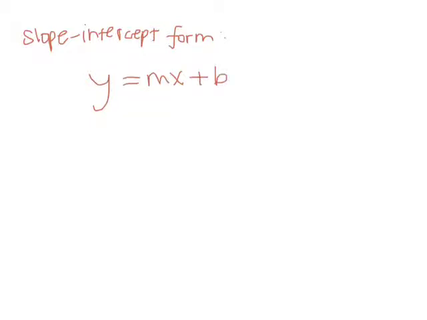So in this formula, we have two values that will be substituted with something else. That first value is the m right here. And when we went over our vocabulary, we mentioned that m is slope. The second value is b right here. And b is the y-intercept.